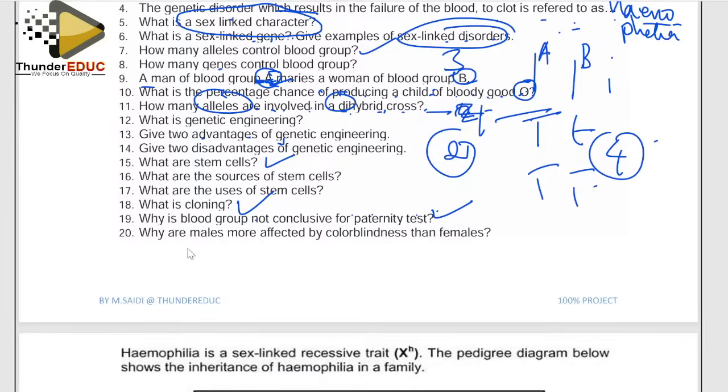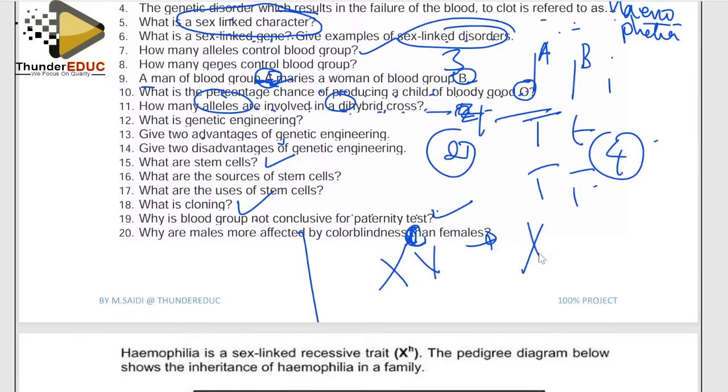Why are males affected by color blindness more than females? Males are affected more because males have one X chromosome. If a recessive allele appears on it, the individual is affected with color blindness.